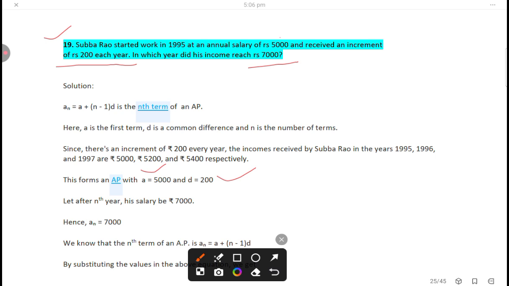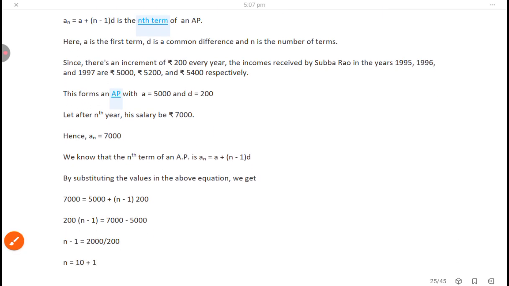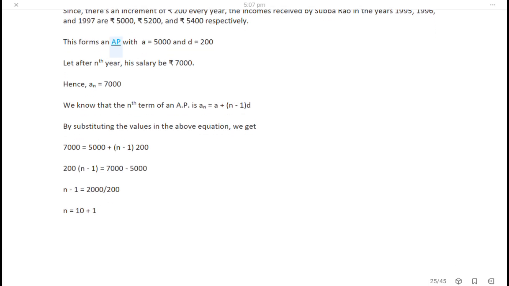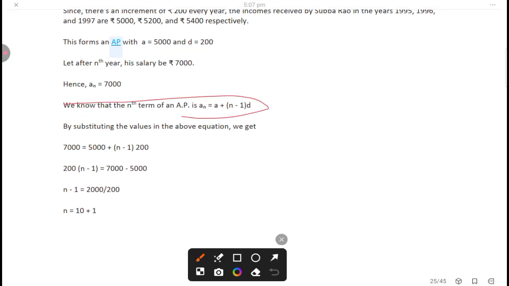So the nth year his salary will be 7,000. So using the nth term of AP formula, you can find n: 7,000 equals a plus (n minus 1) d. a is 5,000, d is 200.